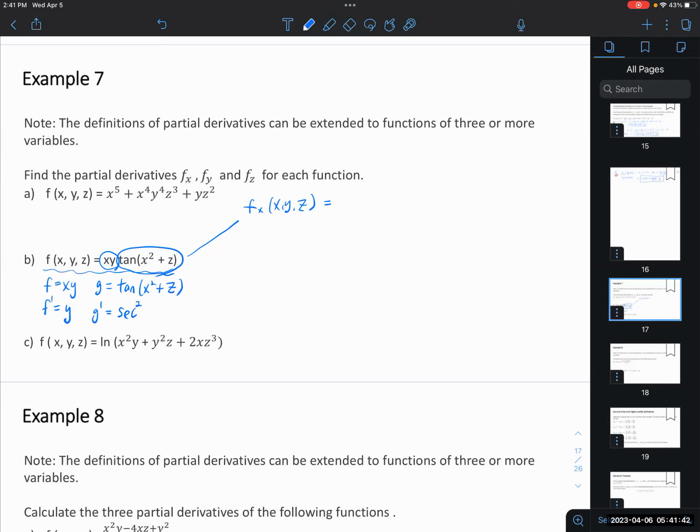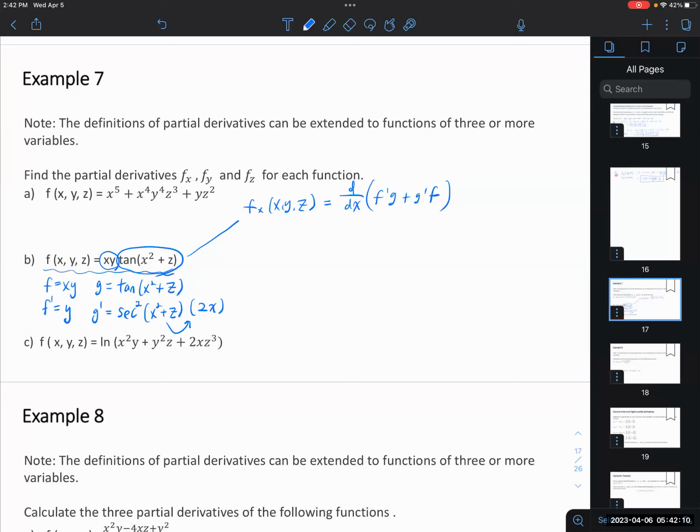Because you take the derivative of the tangent, that's going to be secant squared x squared plus z, and you have to do one more time the inside, 2x, and z will be 0. So we have all the answers. So basically f prime g plus g prime f, with respect to the x variable.